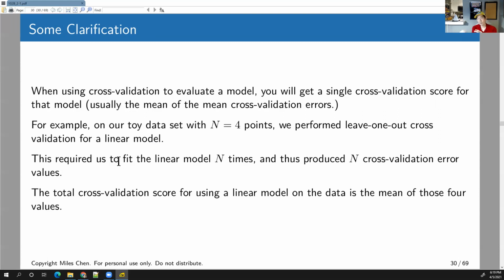In much the same way that you might use something like AIC to compare one model score to another, you use cross-validation in a similar sense. Cross-validation applied to just one model by itself is not very useful. It's only useful in the context of comparing one to another.